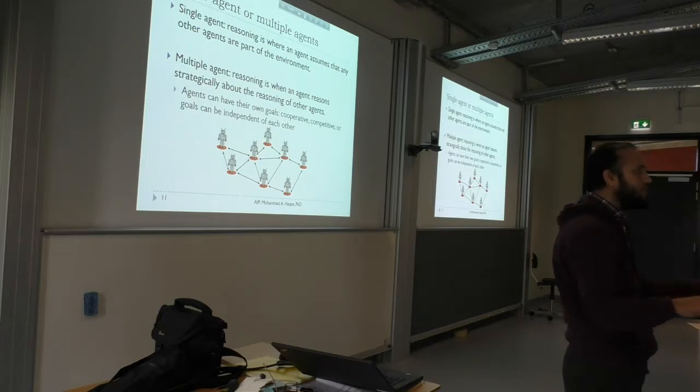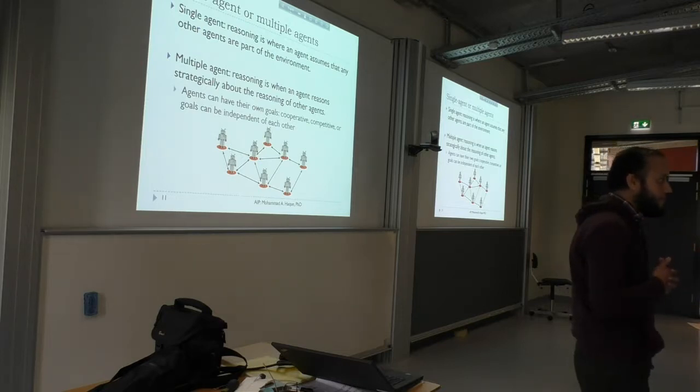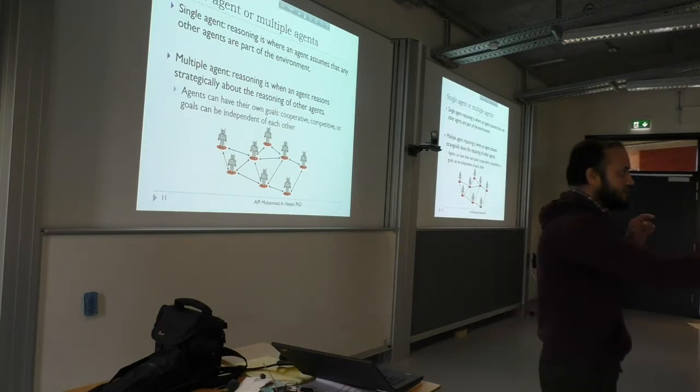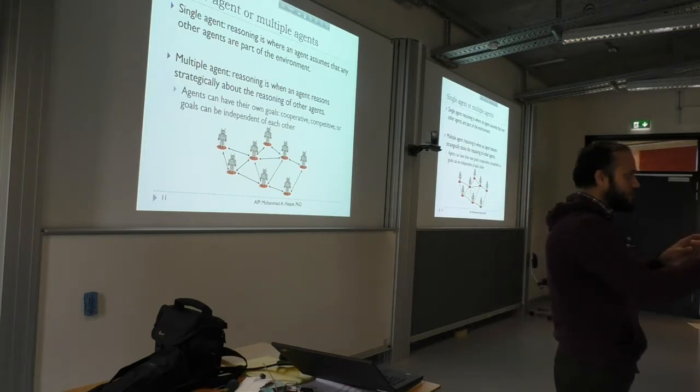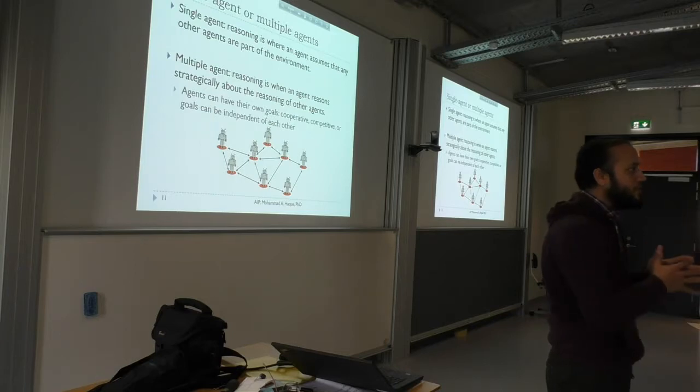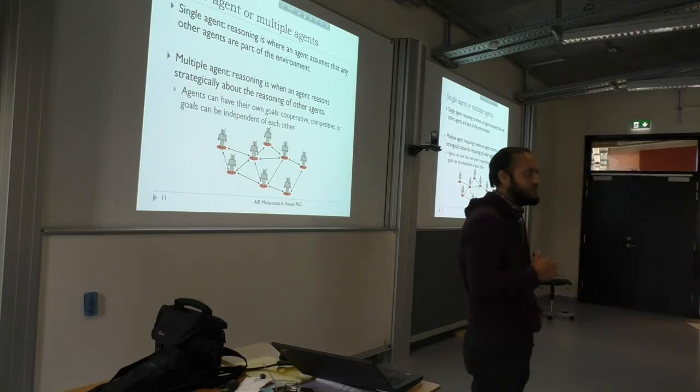You are just mathematically calculating and then going there. So every agent may have some uncertainty, and when you have a multi-agent system, you will have to consider the uncertainty from your part and also from the other agent's part. So you cannot actually predict what the other agent will do. That is the complexity in a multi-agent system.